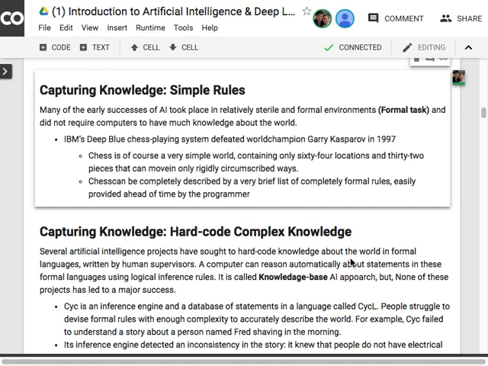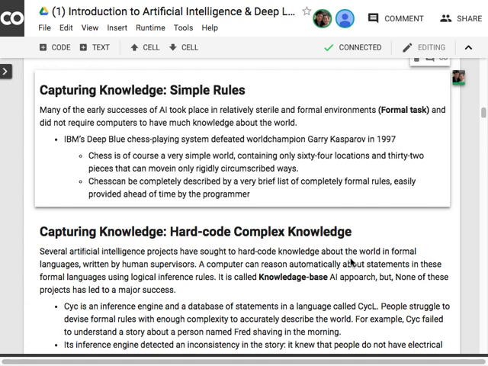In the early age of AI, with high computation power, they could try a lot of possible solutions and were able to defeat the world champion in 1997. So this is the beginning of AI, the AI for formal tasks.